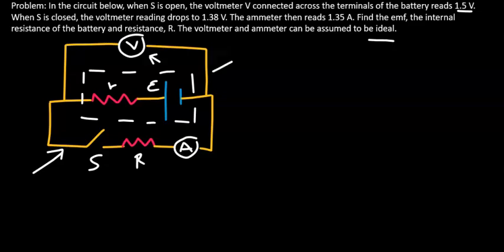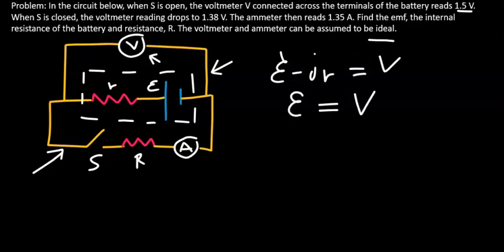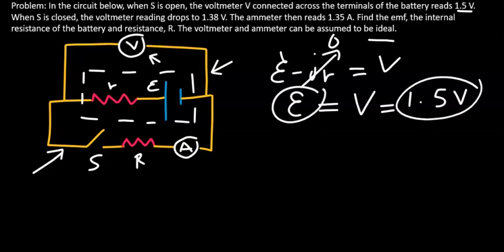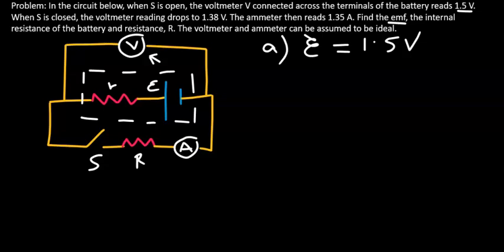There is no current within the upper branch of the circuit, so the expression E minus Ir equals V will simply become E equals V because there is no current. So since the voltmeter reads 1.5 volts, we can immediately see that the EMF has got to be 1.5 volts. And that solves the EMF of the battery.